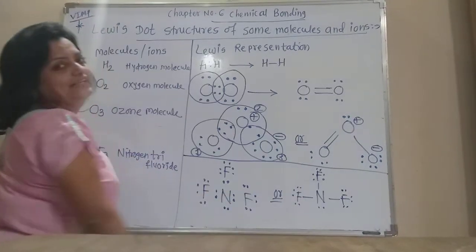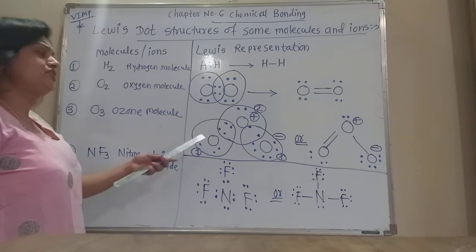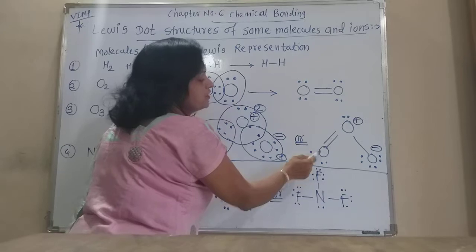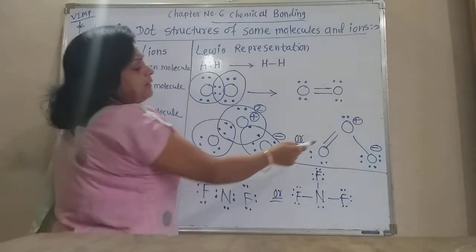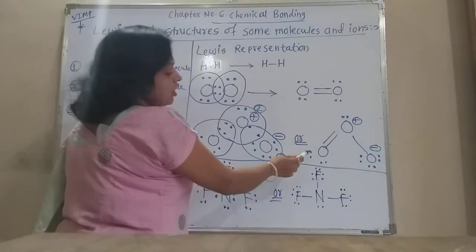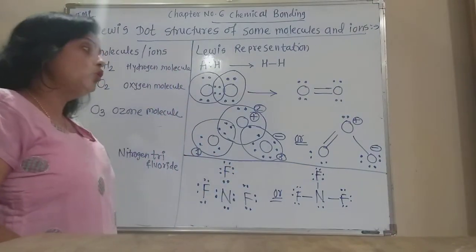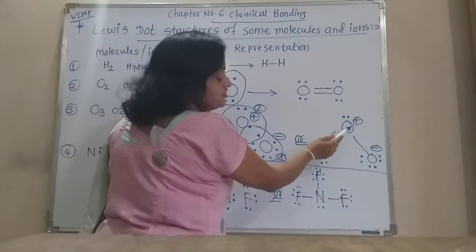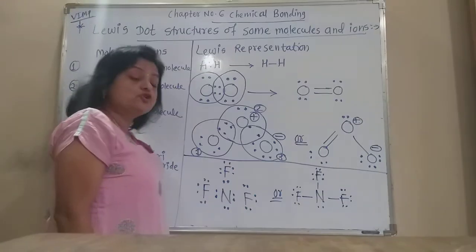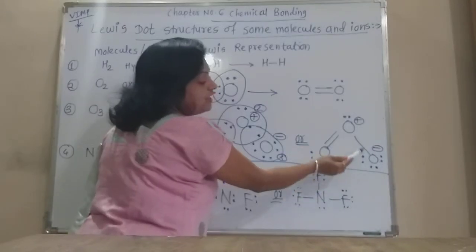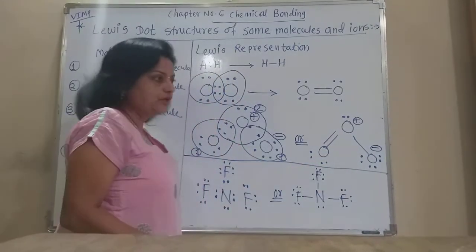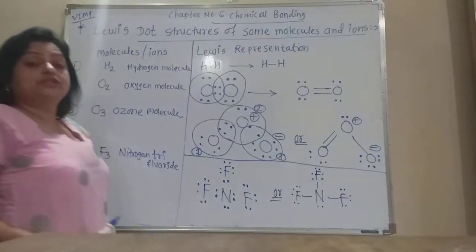So it has the negative charge. So draw the Lewis structure in this way, by putting the double bond between the first and second oxygen atom, and the single bond between the second and third oxygen atom, and the other electrons shown as lone pairs. But as this oxygen shares both electrons of its own, there is a positive charge on this oxygen, and as its electron is taken from this oxygen, there is a negative charge on the third oxygen atom.